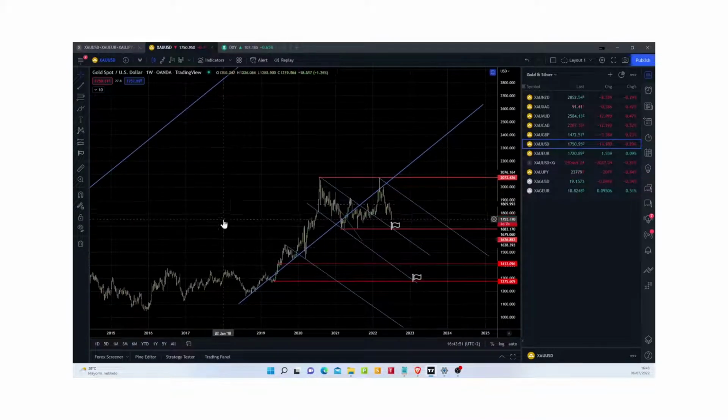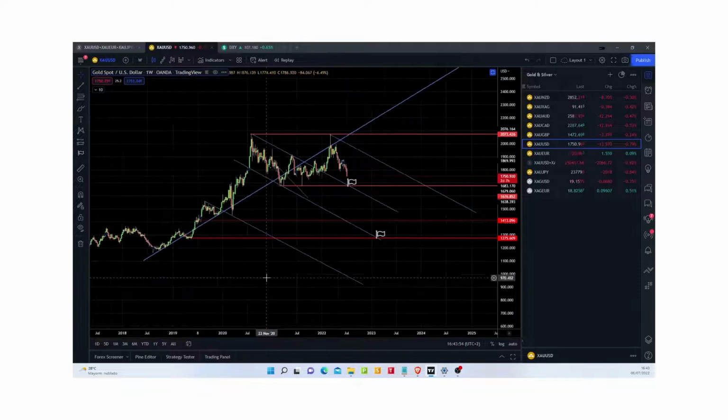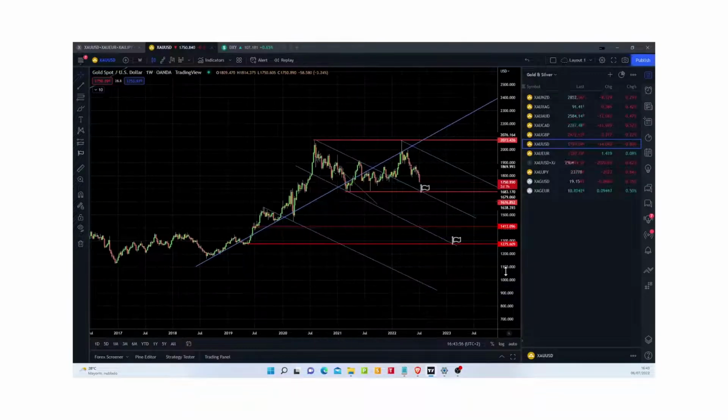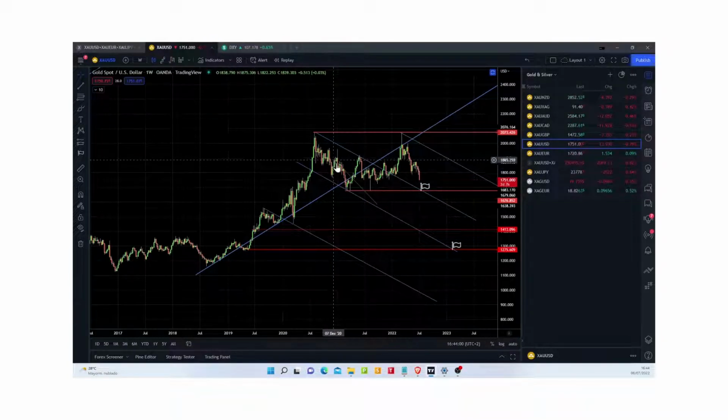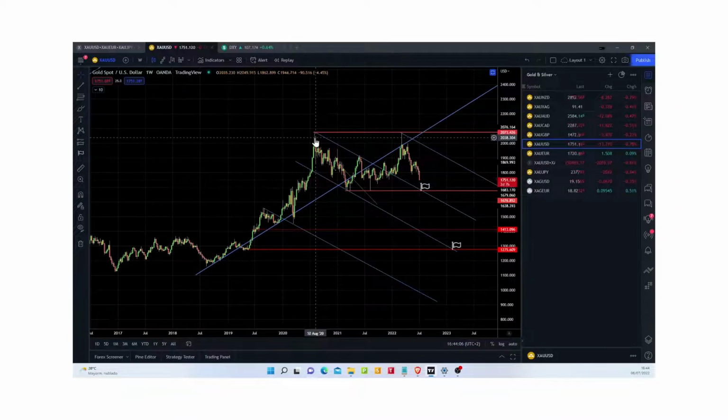While this line offers some structure to the gold price in dollar terms, it got a lot blurred during this sideways price action since the first top in August 2020.